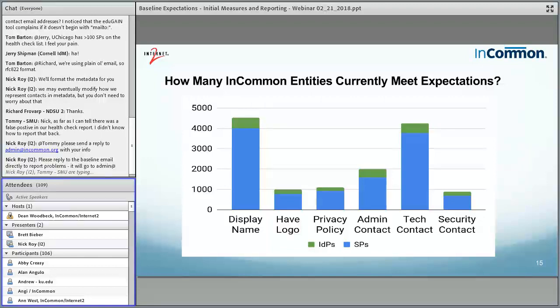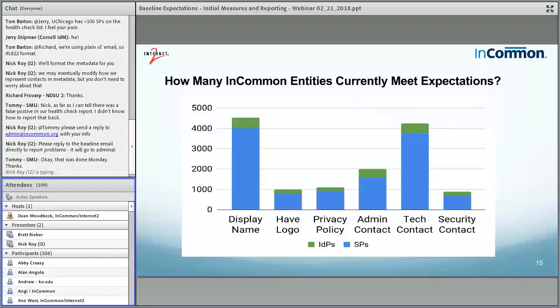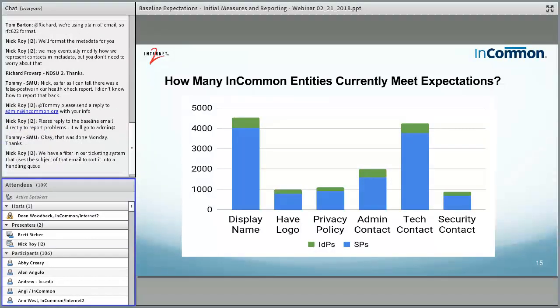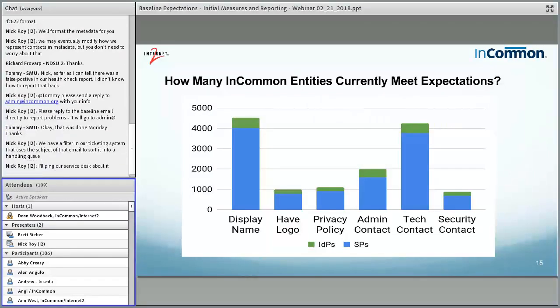So that may be some of the hesitation there, but just interesting data here. And then security contact. We're seeing that grow over time, but as Tom Barton and I mentioned in the first webinar on baseline expectations and the impact, moving beyond baseline, having a security contact and complying with Sirtfi is becoming more and more important to our federation.